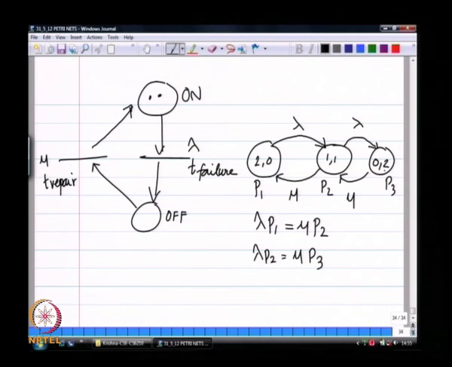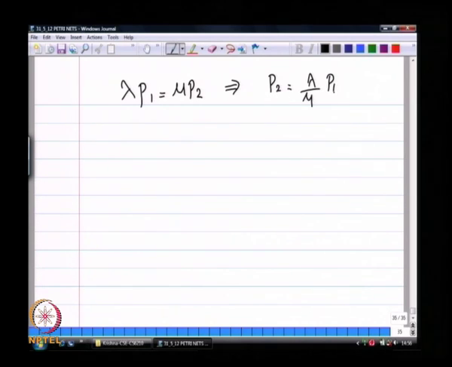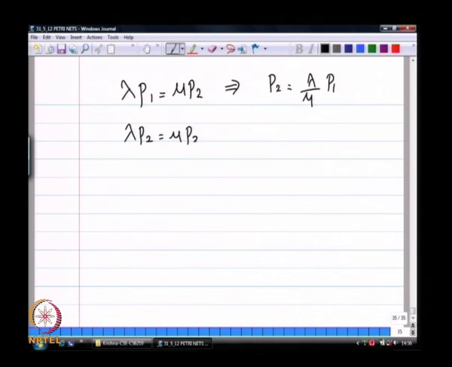How will we do that? Let us express everything in terms of P1. Lambda into P1 equals mu into P2. So if I express P2 in terms of P1, P2 equals lambda by mu into P1, and then we said lambda P2 equals mu P3.